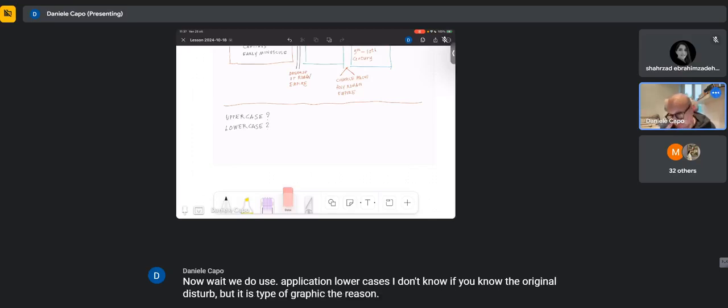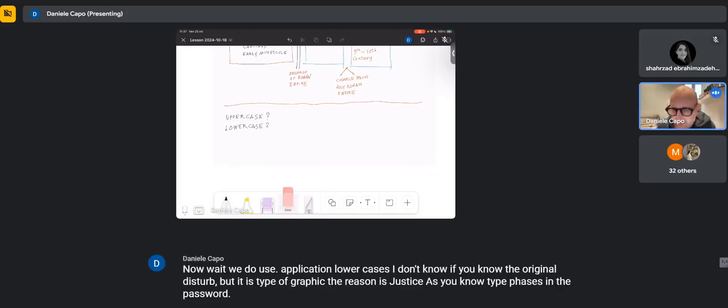The reason is just this. As you know, typefaces in the past were composed by small blocks made with an alloy of lead and other things.